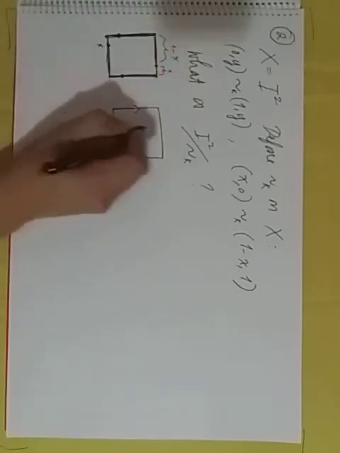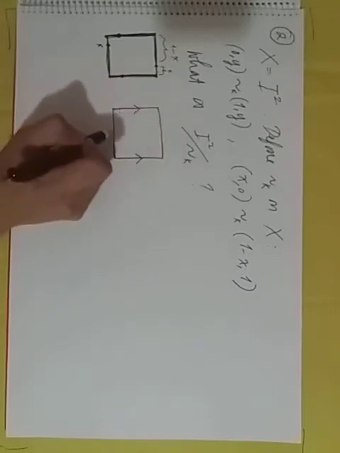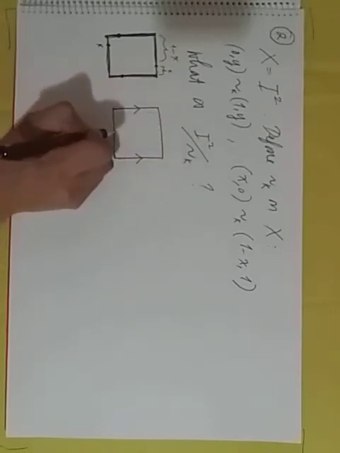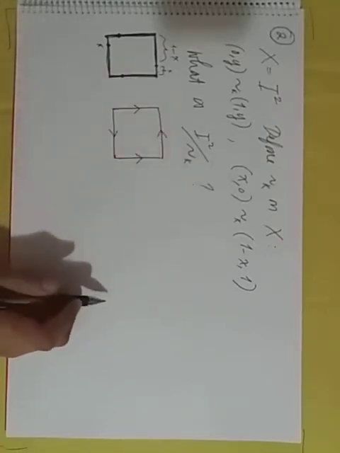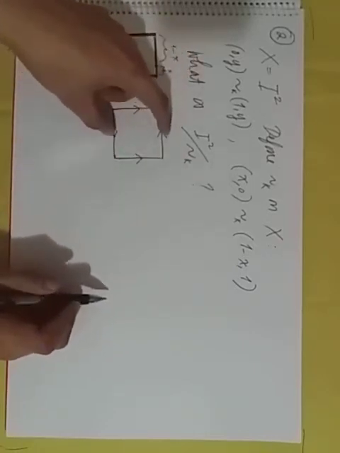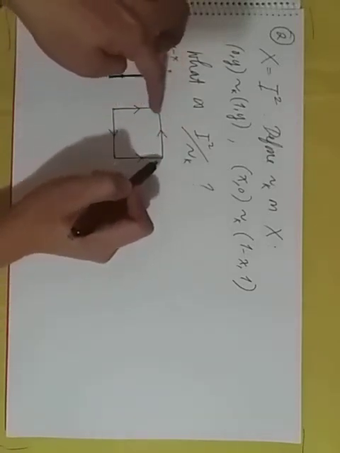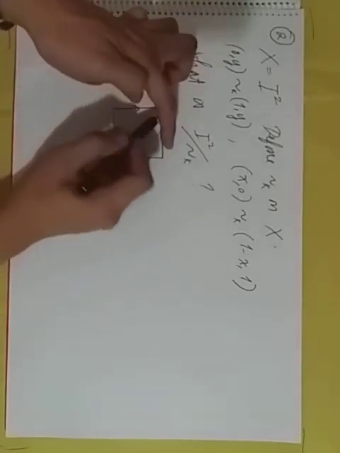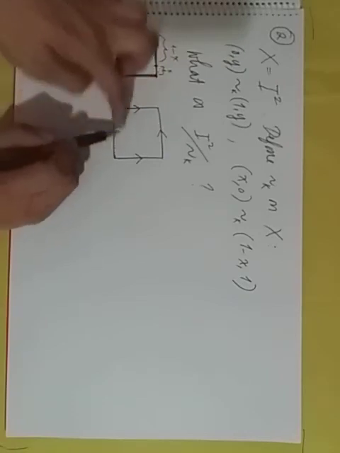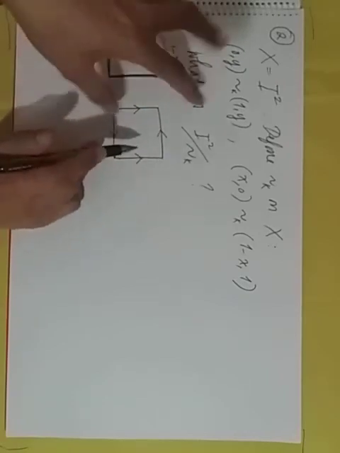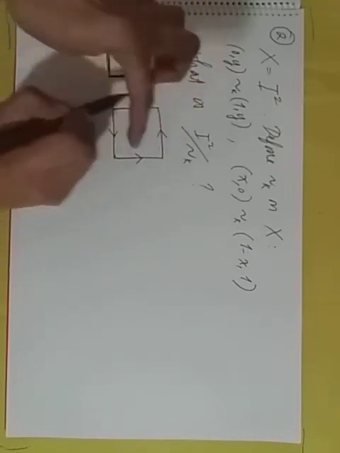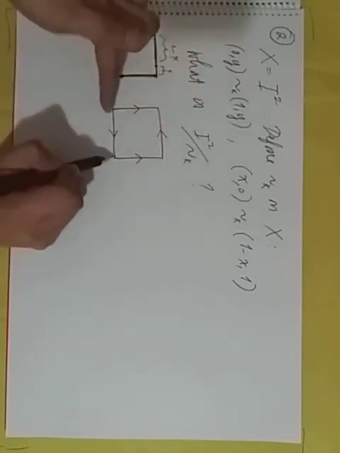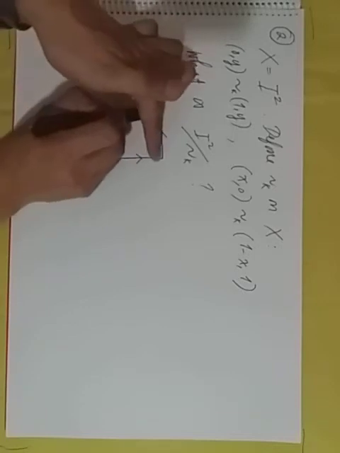While for the bottom and the top segments, I will put these arrows. So ibig sabihin, since the arrows are in reverse, I need to flip one of the arrows first, and then bago ko siya ma-identify with the other one. It doesn't matter kung i-flip nyo, it will give the same result. So if I flip this first and then identify with this, that's the same as flipping this and then identifying it with that. Maliwanag?